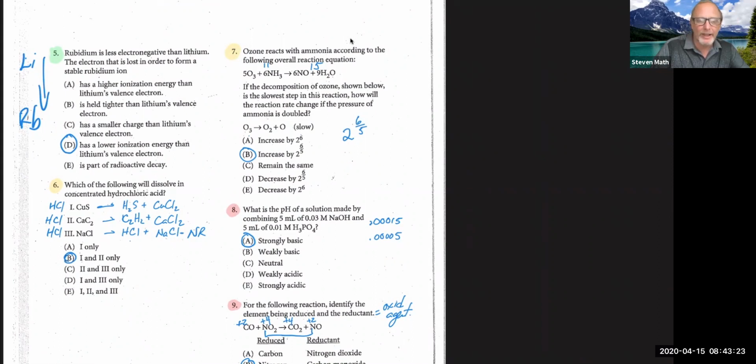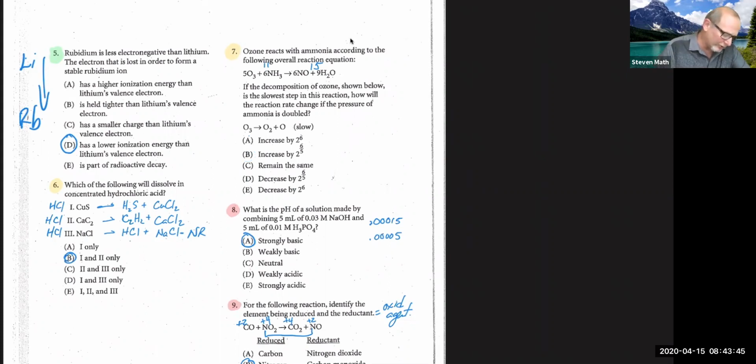So by increasing that reactant, I want to say it's going to increase by 6/5. But the more I think about that, I don't know the mechanism. So I'm going to change my answer on this one and say, you know what? I don't like that. I'm not really sure.